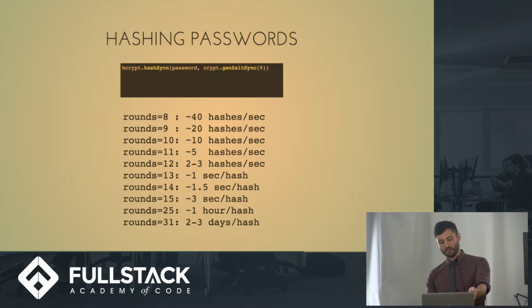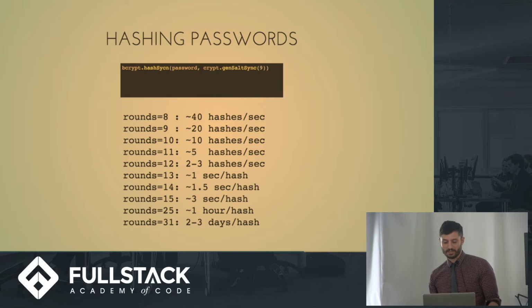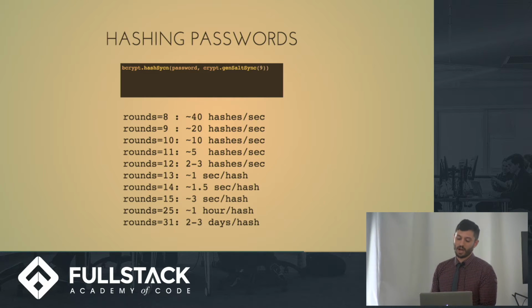And as you continue to go up, and let's say you put 13 in as a parameter, you go up to about a second to hash. You get up to 25, about an hour to hash for each password, and up to 31, it could take up to 2 or 3 days to try to crack this password.